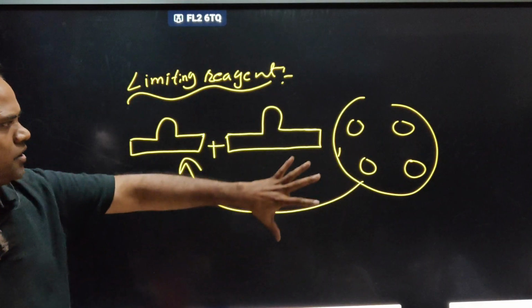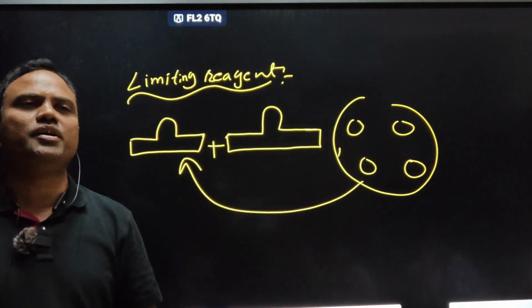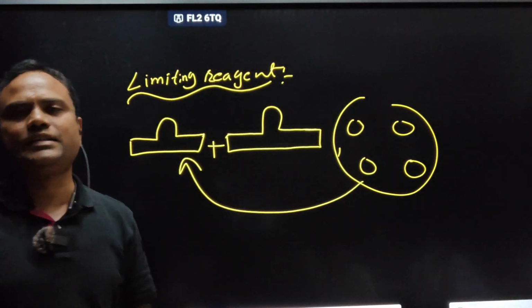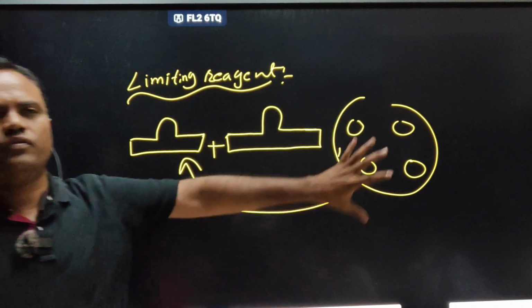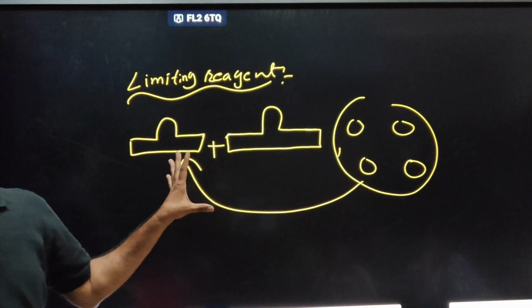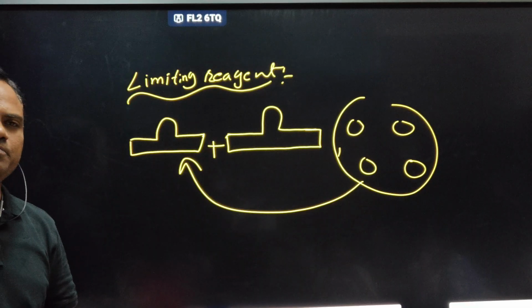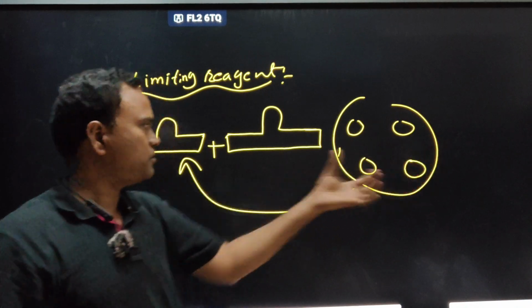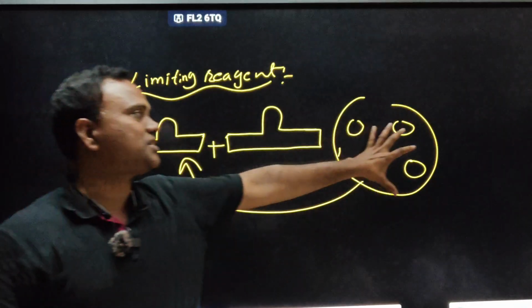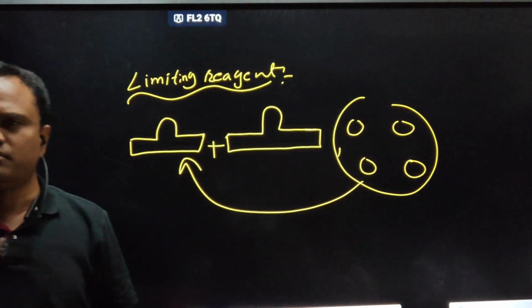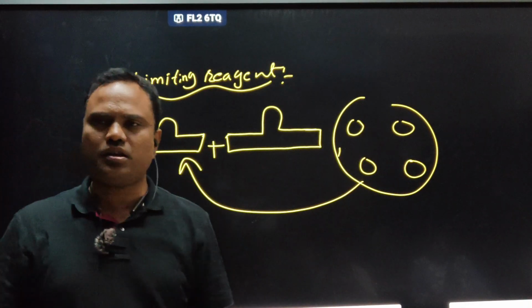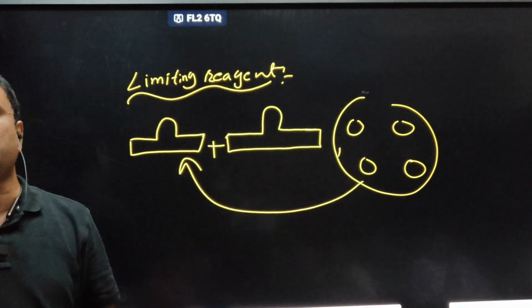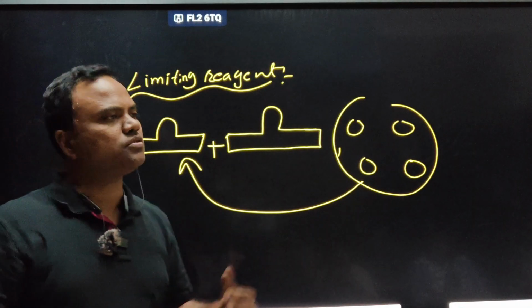In this data, which is utilized completely and which is in excess? Wheels and the car body part, which is utilized completely? Wheels are utilized completely. This is excess. So this is called a limiting reagent. Similarly, in a chemical reaction, the reagent or reactant which is completely utilized is called the limiting reagent.